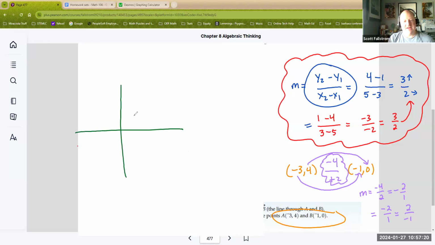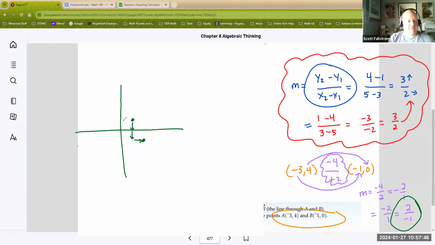If I started at any point at all, okay, I'll pick this point here, and someone said, I want you to use this slope, I could go down 2, right 1. And that would get me a new point on the line. But that's going down 4 or down 2, right 1. Now let's look at the other way of writing this. That has a positive y value.